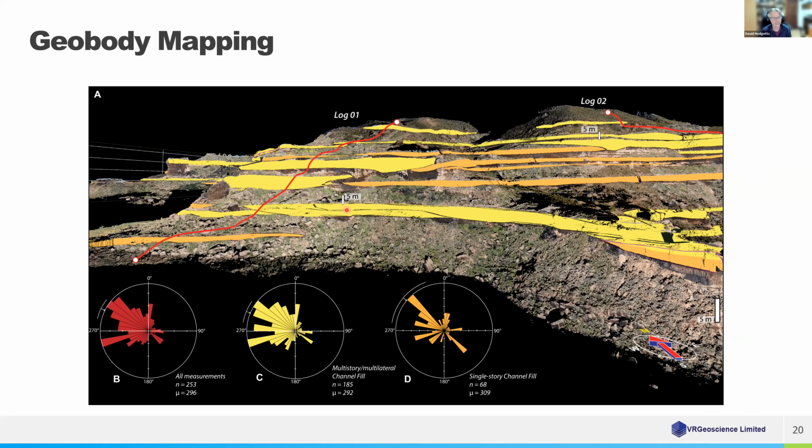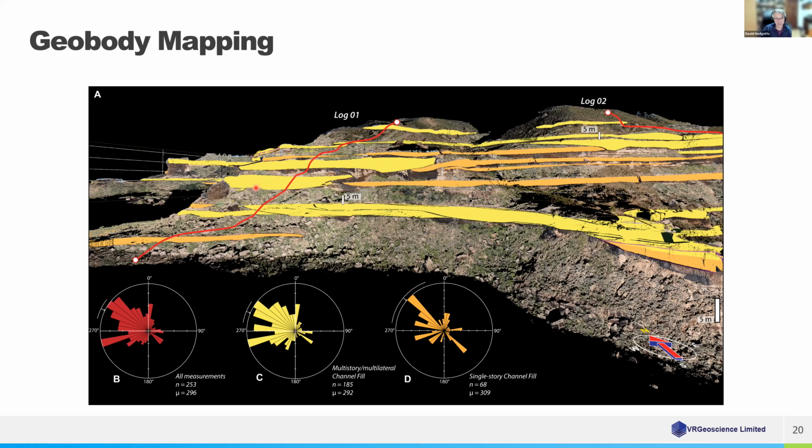You very rarely get that in the real world. So what you need to do, when you're mapping the bodies, is work out what the orientation of them is, what the direction of flow was in that channel. And if you've got the direction of flow and you've got the geometry mapped in 3D around the outcrop, you can use a bit of trigonometry to work out what the true width is.